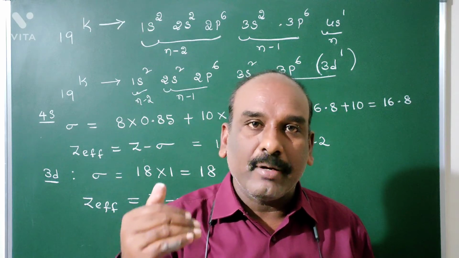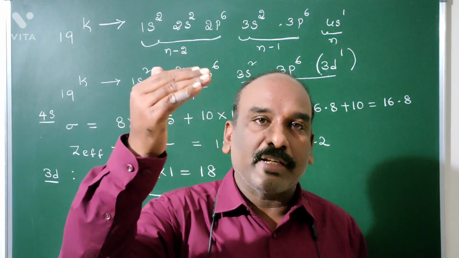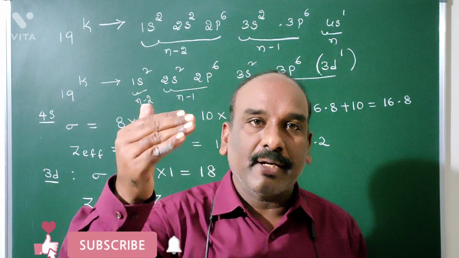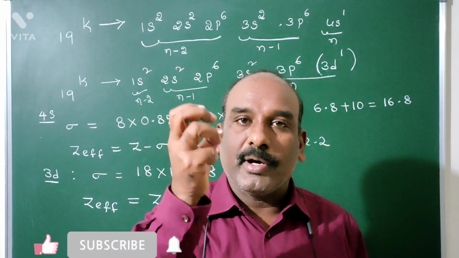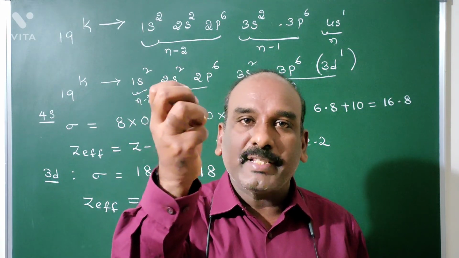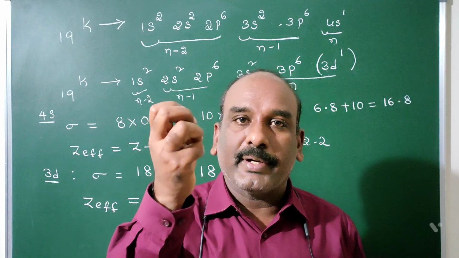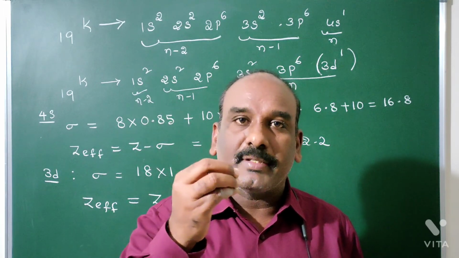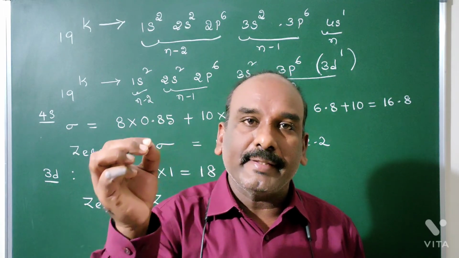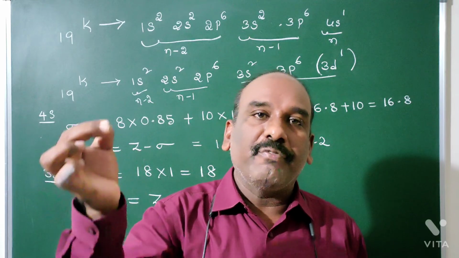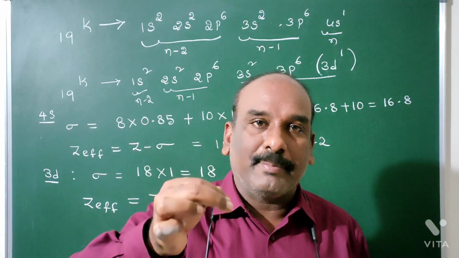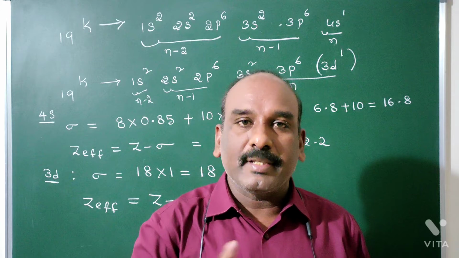Compared to the 3d subshell, the 4s subshell effective nuclear charge is more. Because of that, the nucleus strongly holds the 4s electron. The electron is under the control of the nucleus. Hence, the 19th electron prefers to enter the 4s subshell, not the 3d subshell.